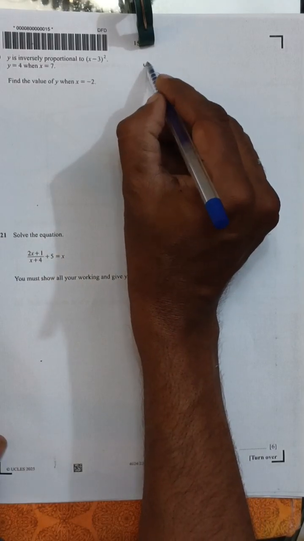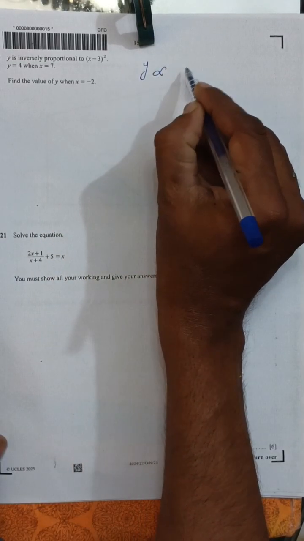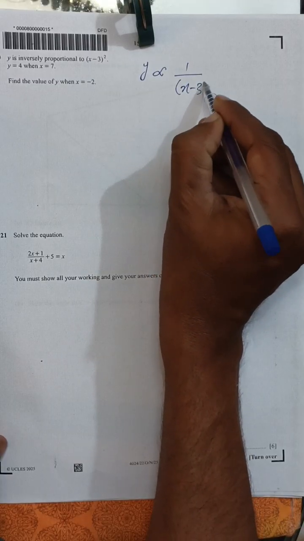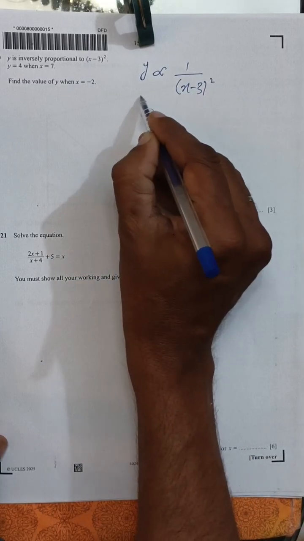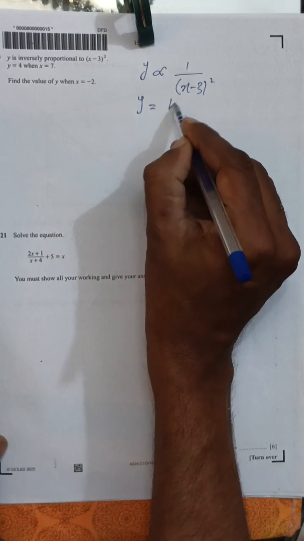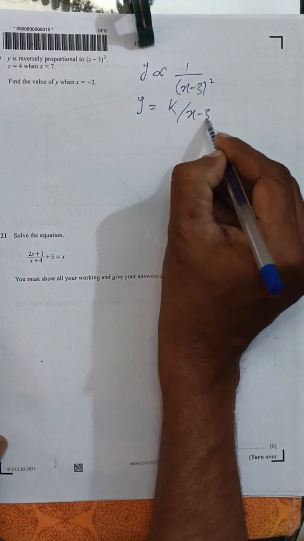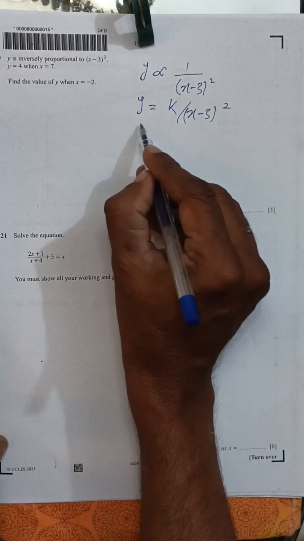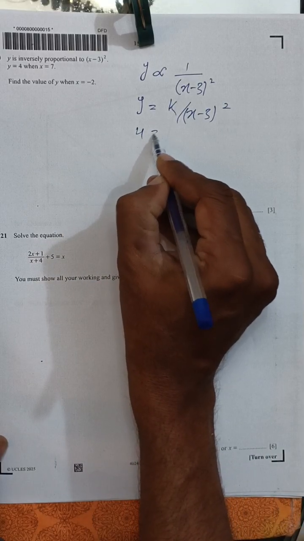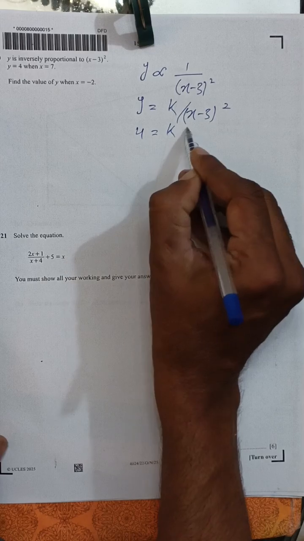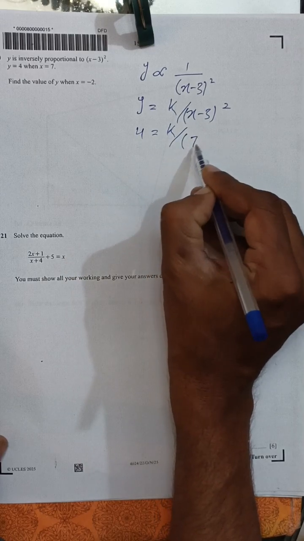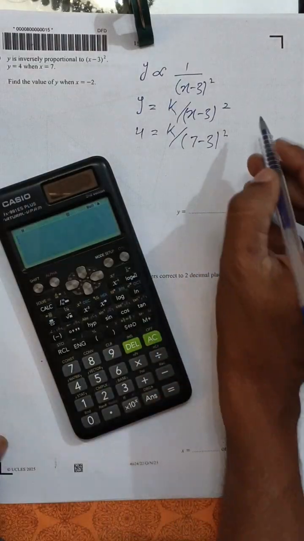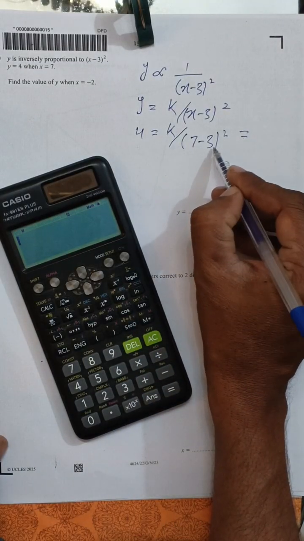It's very simple. y is inversely proportional to 1 over the square of x minus 3. So y equal to k over the square of x minus 3. Clear? Put the value of y. 4 equal to k upon the square of 7 minus 3. Yes, solve it. So 7 minus 3 is 4.